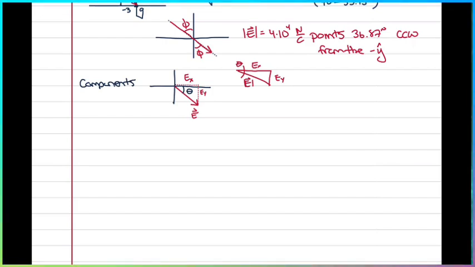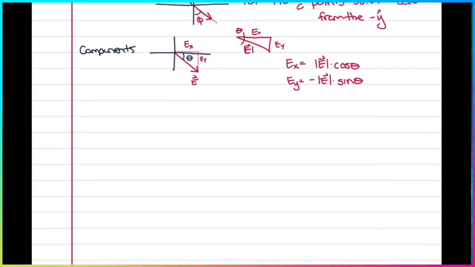Again, the swoosh touches E_x, so E_x is the magnitude of E times cosine, and then E_y is the magnitude times sine, but I'm going to throw a negative sign in based on the way I've drawn it because I know that it's going to have to point down.